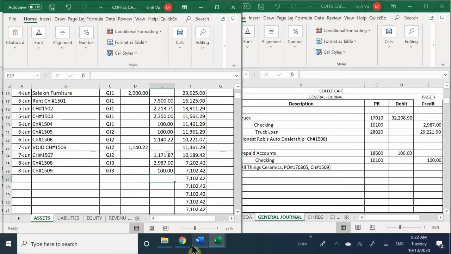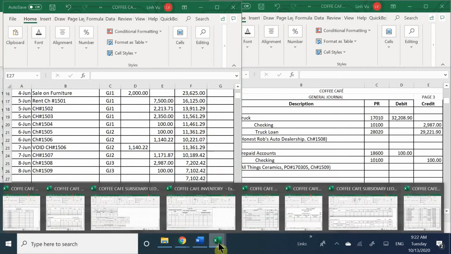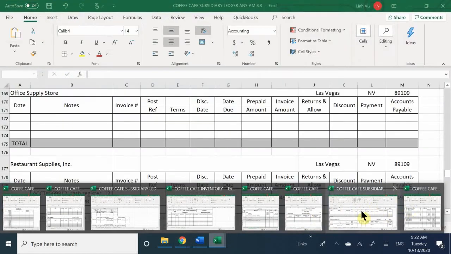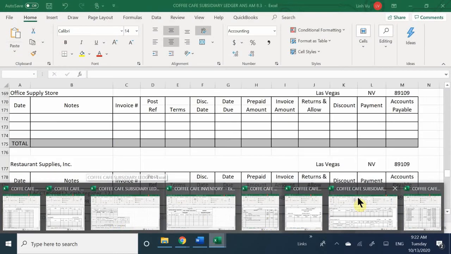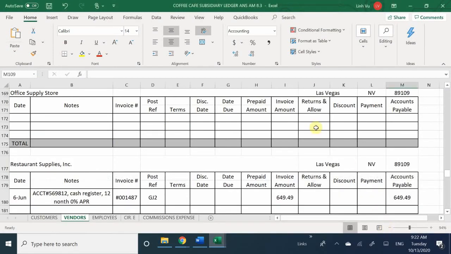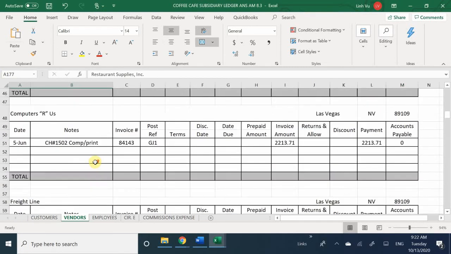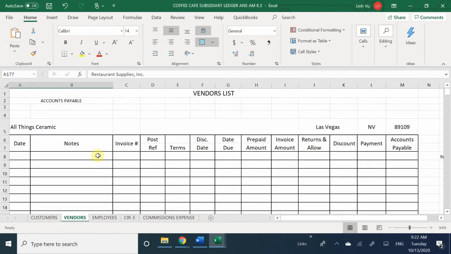So once we've done that, now we can make our way to our subsidiary ledger. Okay. So here we are. All Things Ceramics should be at the very top of your vendors page. For anyone who's working on the worksheet, it should be page 3. Very, very top of page 3.